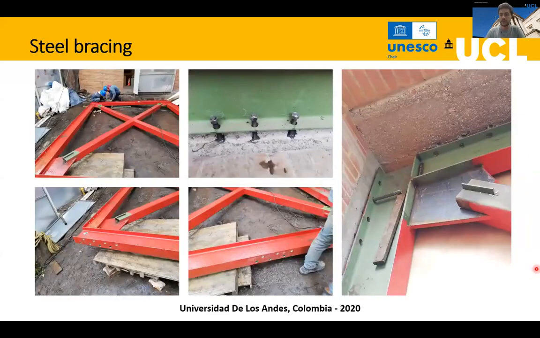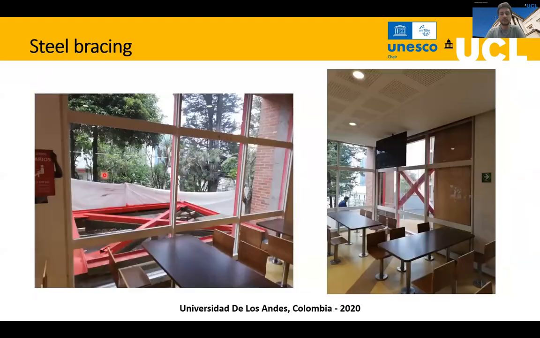These are some pictures that we took of this retrofitting of a building in Universidad de los Andes in Bogota. And they welded all the frame in the field just beside the spans. And with this, then they install it as you can see in here over these walls. The architectural impact was relatively low.